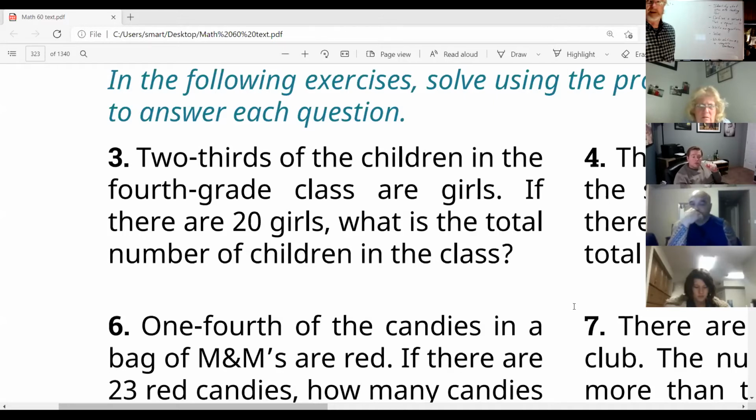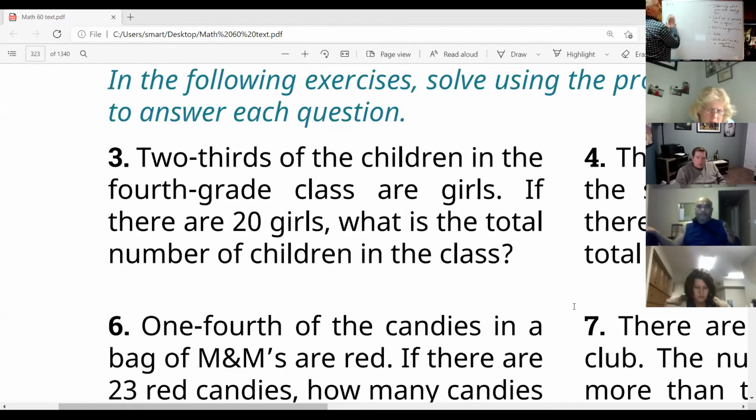So as I suggested, almost like working backwards, what are we looking for? The total number of children in the class, boys and girls and whatever. So there's your first step. Identify what you're looking for. Well, define a variable, total number. Maybe you want to choose T, or maybe you just keep using X, whatever.